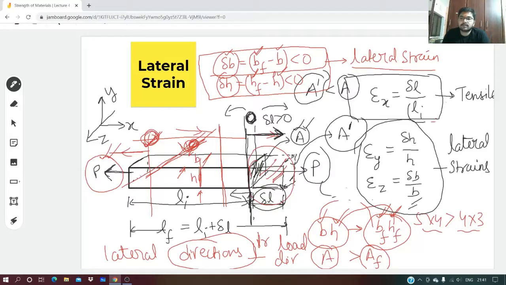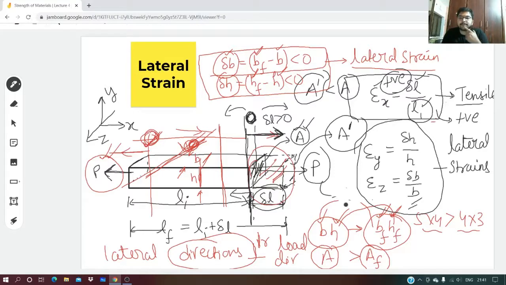The length is also positive, so positive divided by positive is positive. So under tensile load longitudinal strain will be positive.